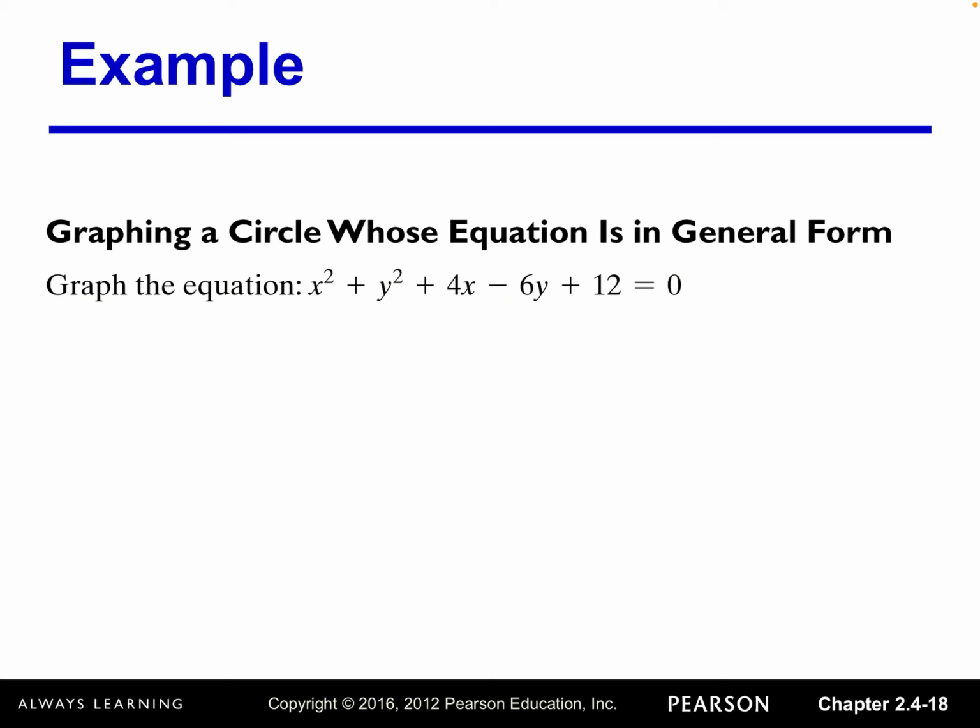When we get a general form, we first need to group things together. Like the x terms, x squared plus 4x, we put these two together, and then plus y squared minus 6y, put these two together, and then move the constant term to the right hand side. That equals negative 12.